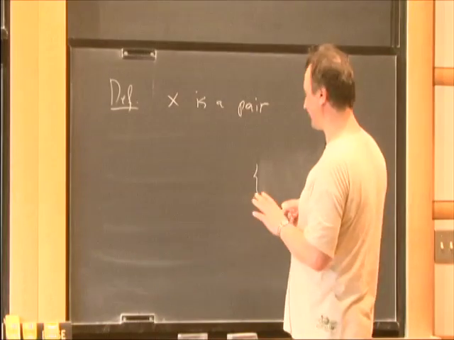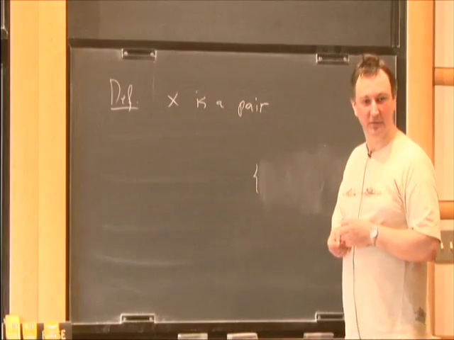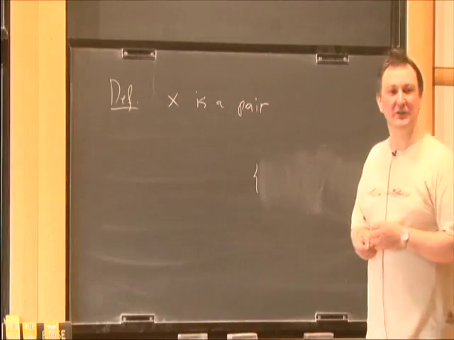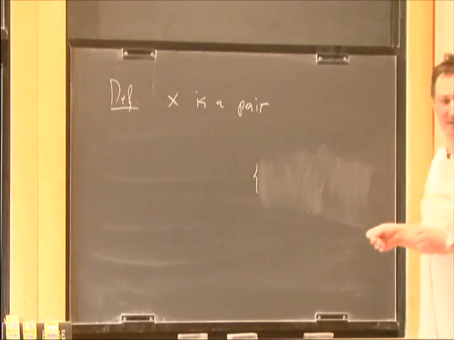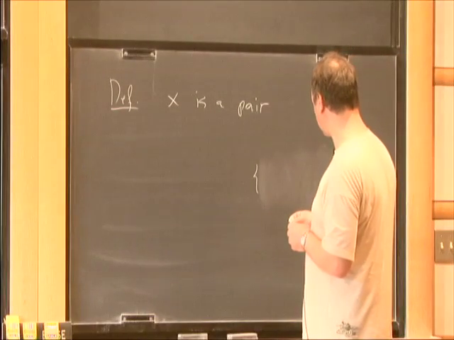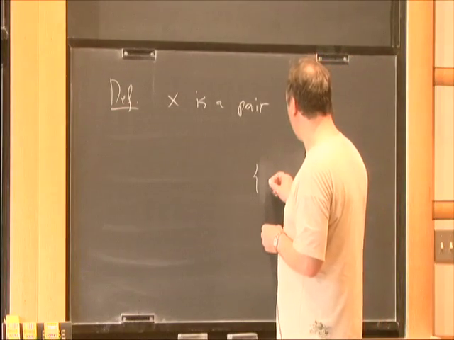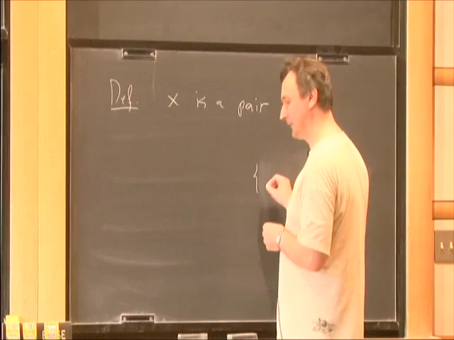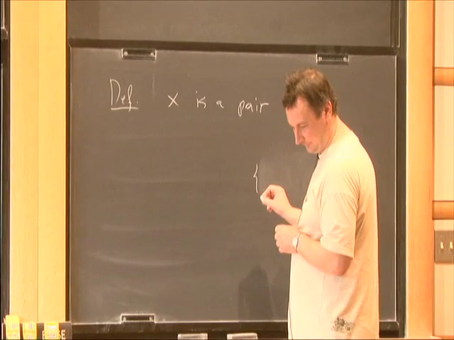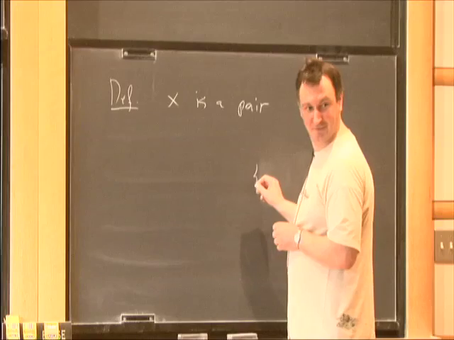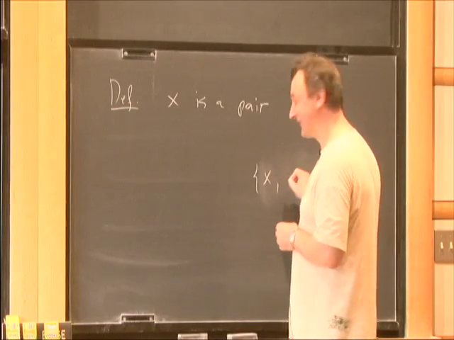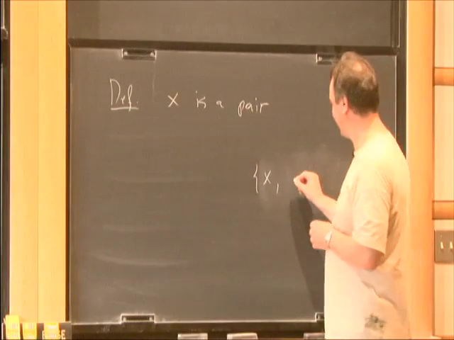Is it supposed to be an ordered pair? No, it's not ordered, but the idea is that you have, maybe what you wrote was fine. You can recover x and then the second thing, x and y.